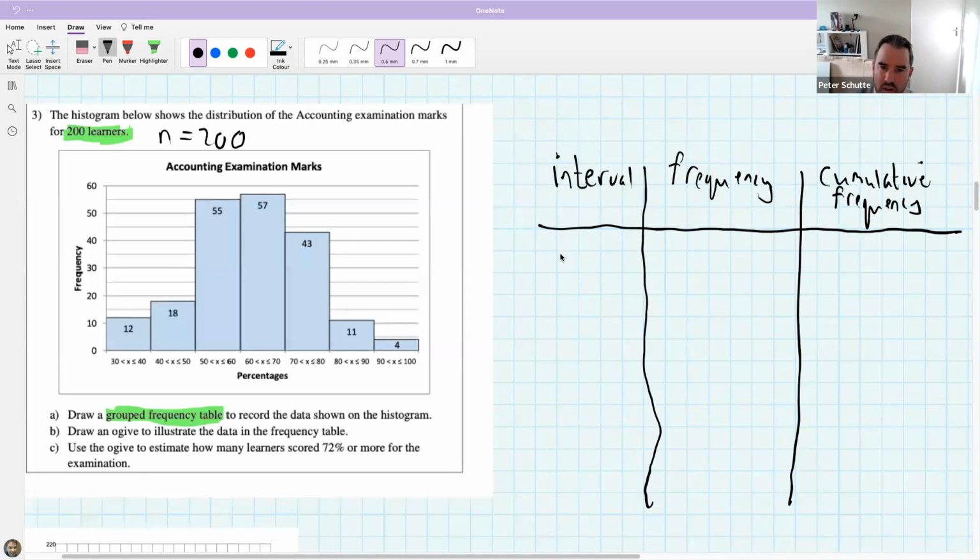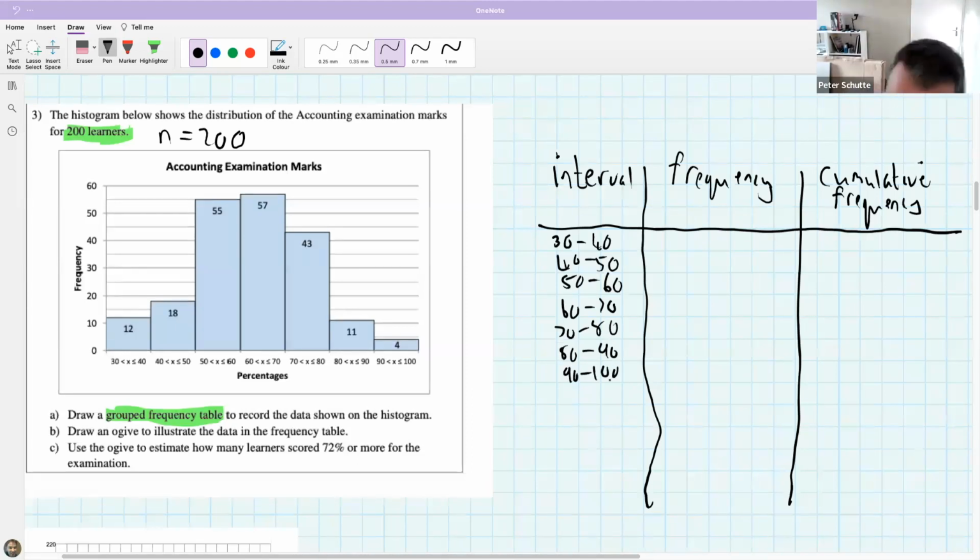And the intervals you should have are given and they start at 30. And now you have to decide how to get the next bit. And just tell me when you're done in the chat.